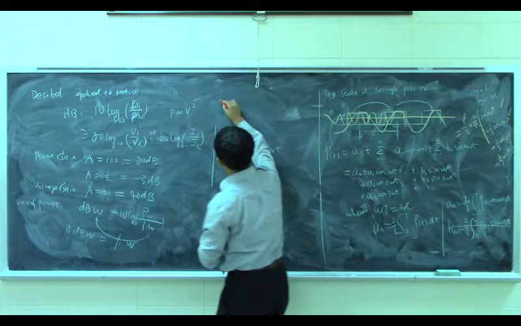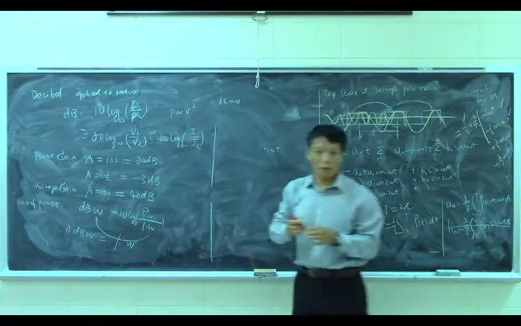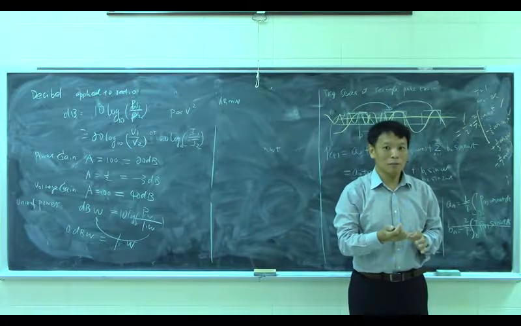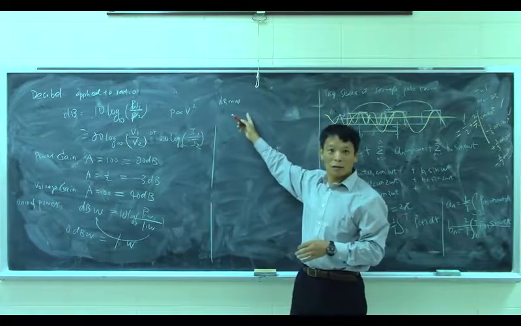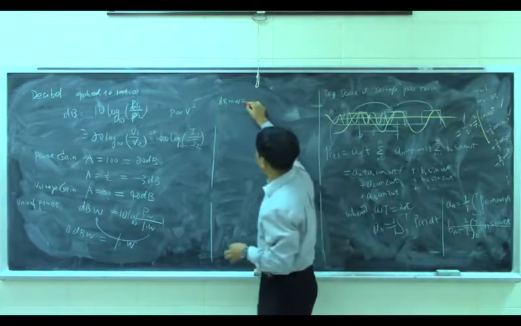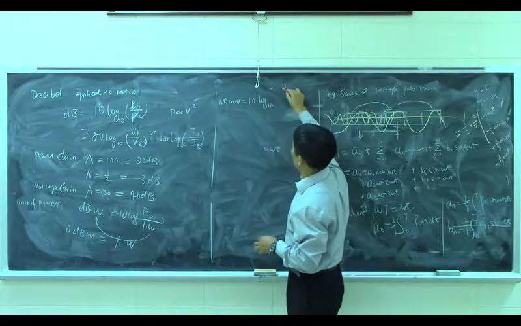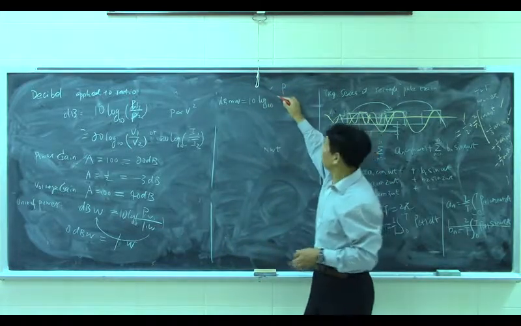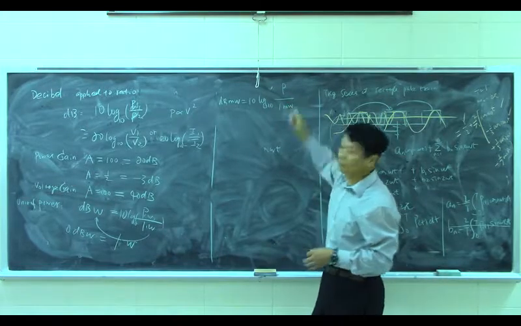Okay, next one, you may want to use dB milliwatt. Anyone know this definition? You should know this, right? So what is dB milliwatt? That equals 10 times the log base 10 of your power divided by 1 milliwatt.